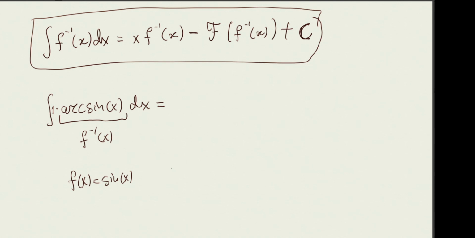So let's see. Capital F of x is of course going to be, so the integral of sine is minus the cosine of x, and we'll leave it as that without the constant. We'll add the constant later.